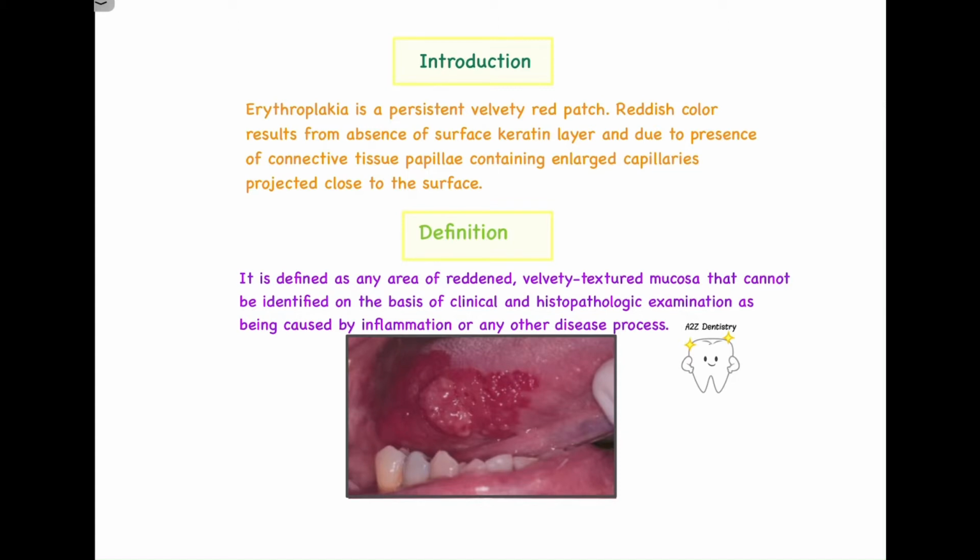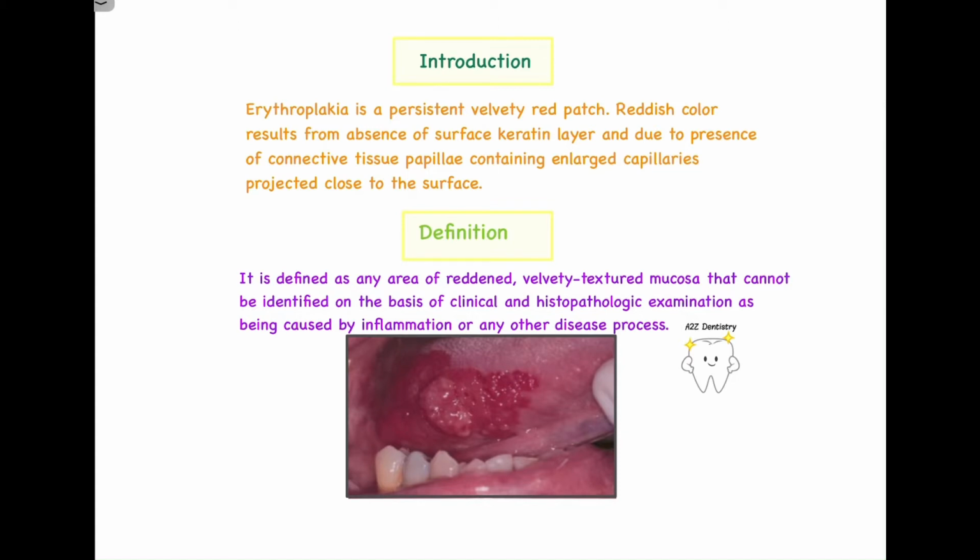Therefore the color of the underlying papillae is seen through the thin remaining epithelium. So the red color is because of the enlarged capillaries within the connective tissue itself.